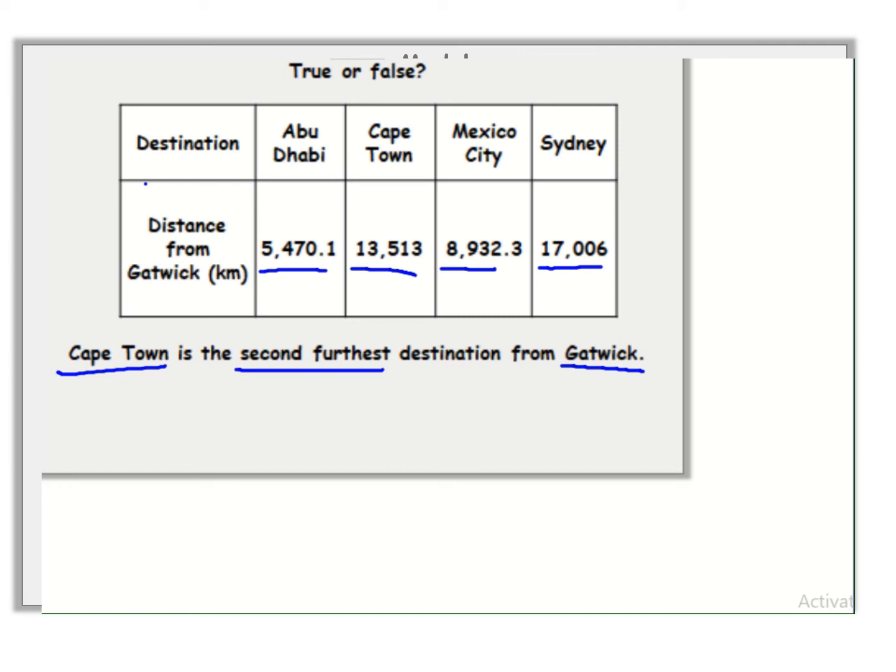So 5,470.1, 13,513, 8,932.3 or 17,006 in Sydney.